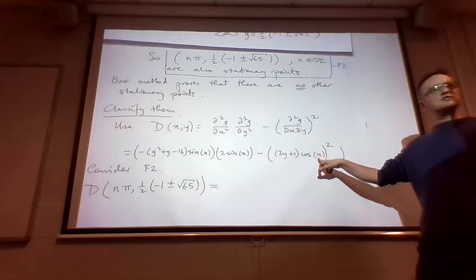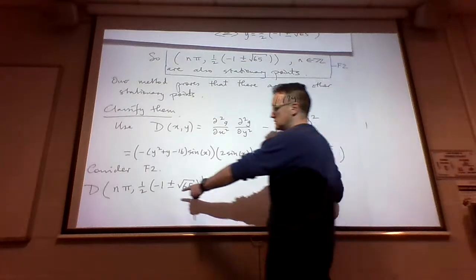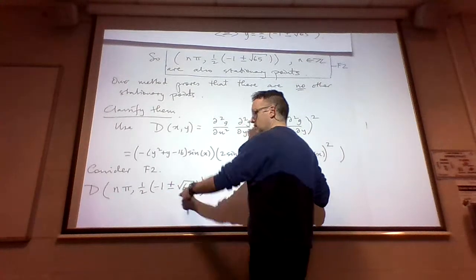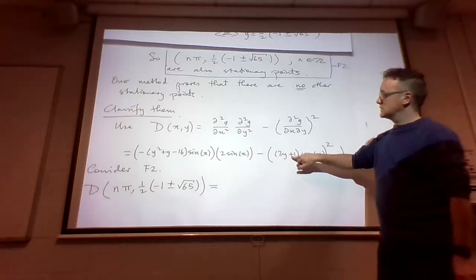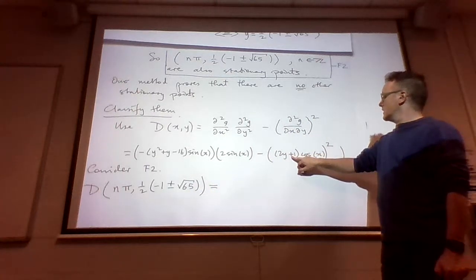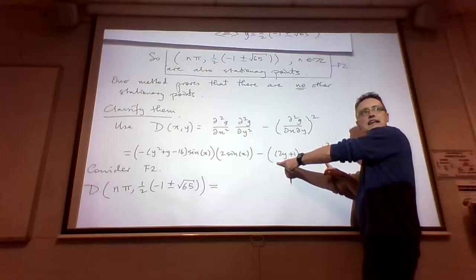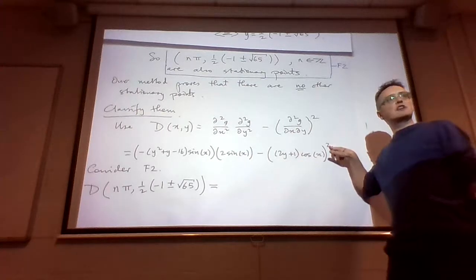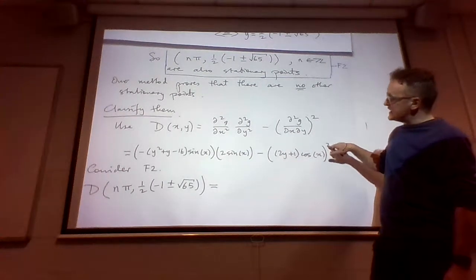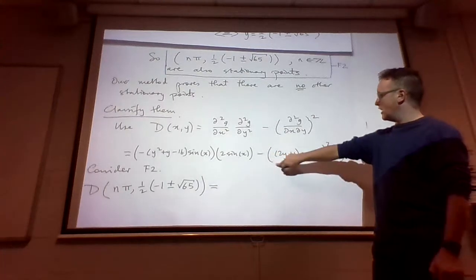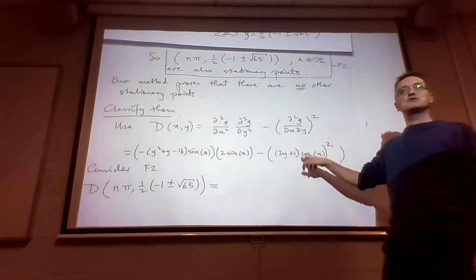Cosine of n pi is plus or minus 1. And 2y plus 1 just gives you some value when you substitute that y value in. It isn't 0. But whether it's positive or negative doesn't matter because we end up squaring it. So really all we need to see is that this is the negative of a square of something non-zero. So that means it's a negative quantity.